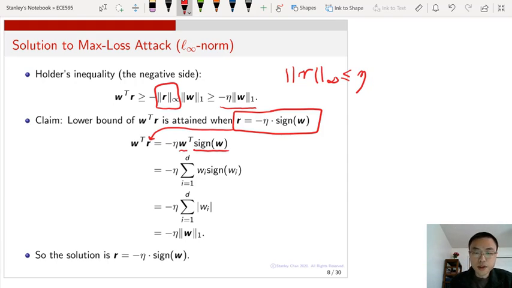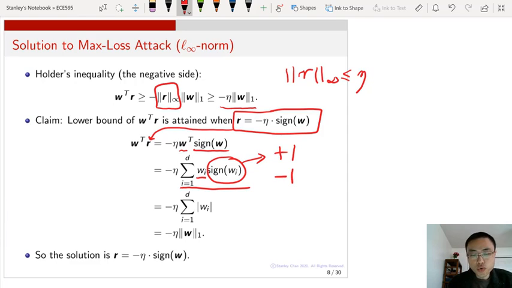Now let's do some calculation here. The w transpose sign of w is really the summation of the ith element of w times the sign of the ith element of w. Now the sign of wi is either plus 1 or minus 1. It is plus 1 if wi is positive, and minus 1 if wi is negative. So if your wi itself is a positive number, then you're going to multiply with a positive 1. If wi is a negative number, then you're going to multiply with a negative 1.